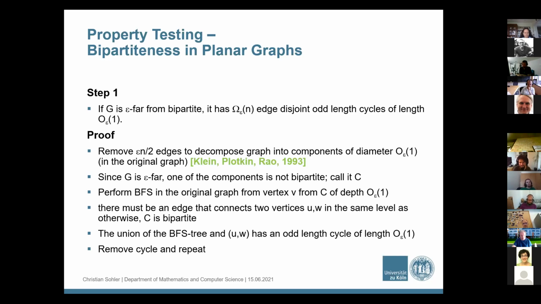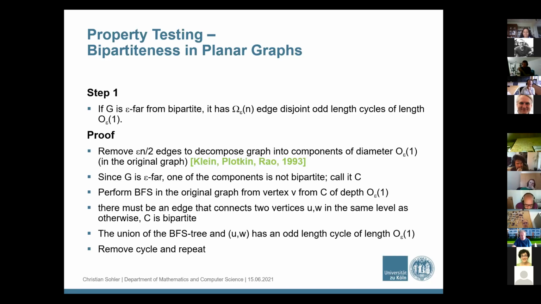Now, since C, after the removal of these epsilon n over 2 edges, is still not bipartite, we know that there must exist two vertices, U and V, which are connected by an edge and which are in the same level of the BFS tree, as otherwise C is bipartite.